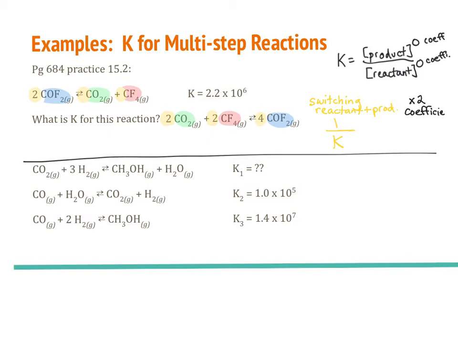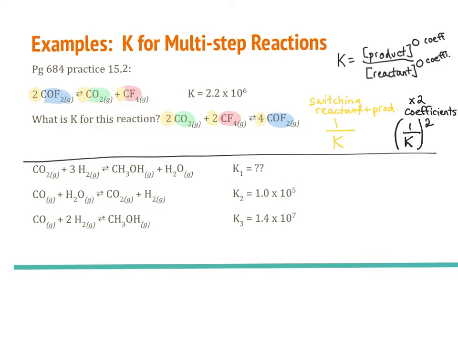And since coefficients are exponents, if we make all the coefficients 2 times as big, we're going to have to make the exponents squared. So we'll take the 1 over K that's already been adjusted for the fact that we switch reactants and products, and we're going to square that.